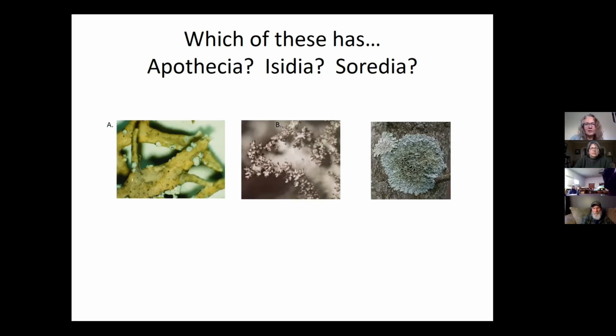How about soredia? So far, your students aren't writing answers to that, including myself, because I always get them confused. I'm pausing to wait to see what your other students say. It's tricky, isn't it? So we agree it's either A or B. We're going to pick the one that looks most like little patches of flour.